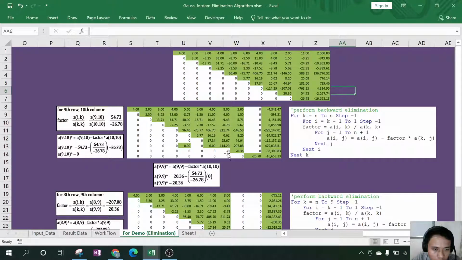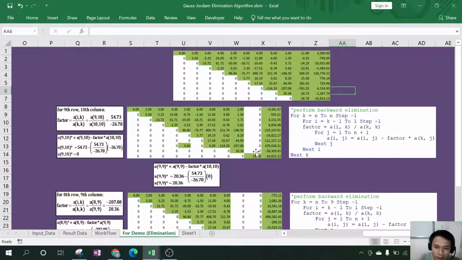Now let's make this one 0. So a9 10, on our augmented matrix, the 9th row 10th column, minus the factor times the augmented matrix at the 10th row 10th column. So here 54.73 minus the factor, which is 54.73 over negative 26.78, times negative 26.78, so it will become 0.